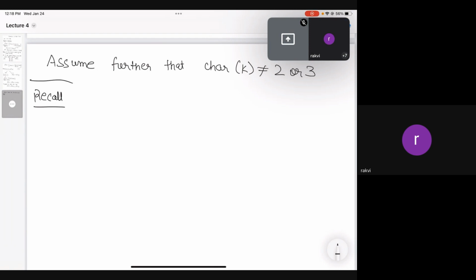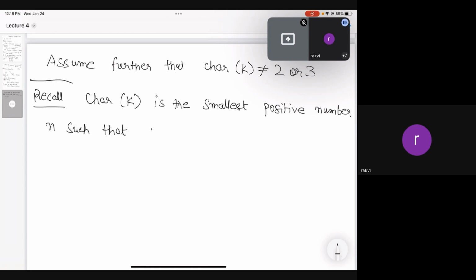So the characteristic of any field is the smallest positive number, by number I mean a counting number, a natural number, n such that when you add the multiplicative identity to itself n times, you get back 0. And this doesn't happen for any smaller n, right?